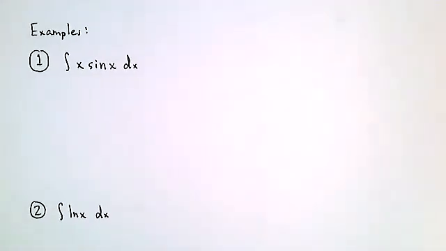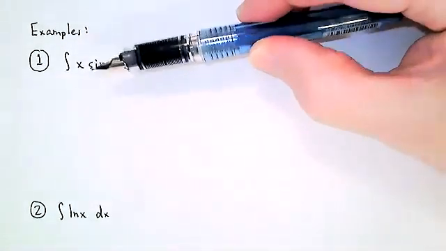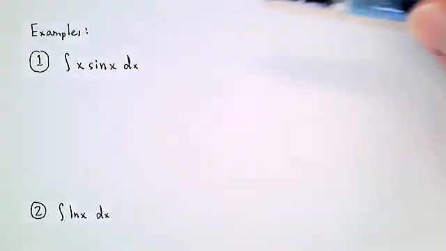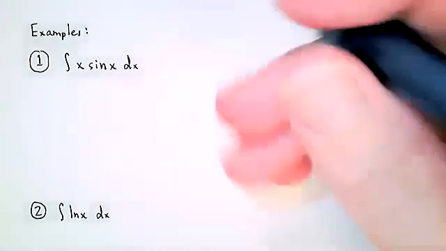So let's go to example 1, and we'll look at this function, x times sine x, and we should think, first of all, do we know any rules to do this integral?